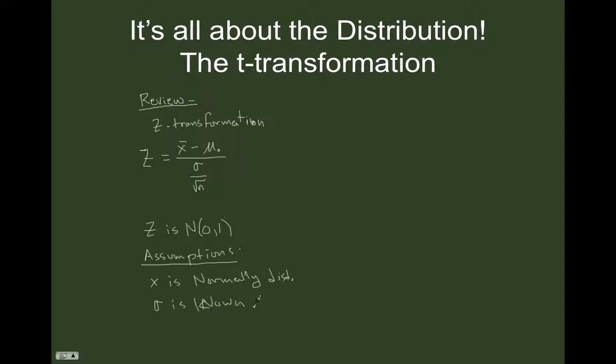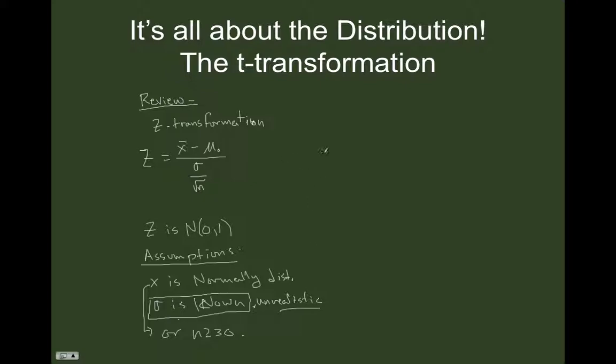Sigma is known, given. Somehow we know sigma. And what else? x is either normally distributed or n is greater than or equal to 30. So there's a sample size requirement. But for both of these situations, there's a requirement that we know sigma. And this assumption is really unrealistic.